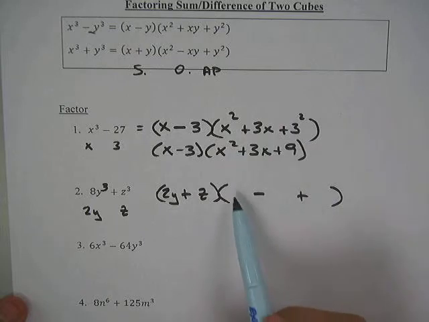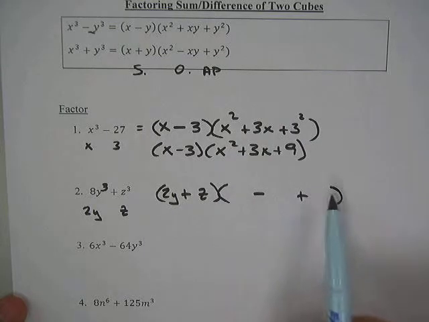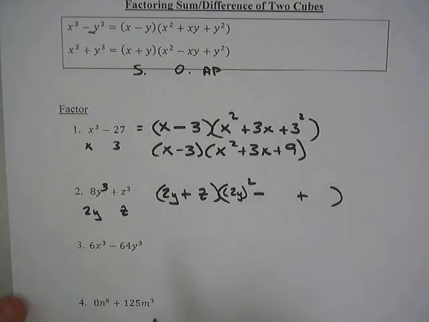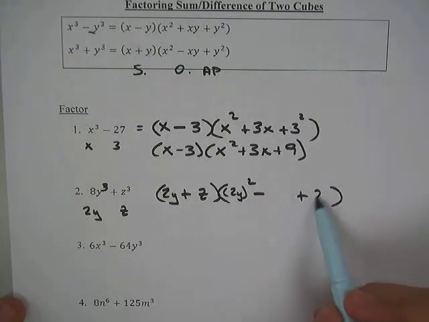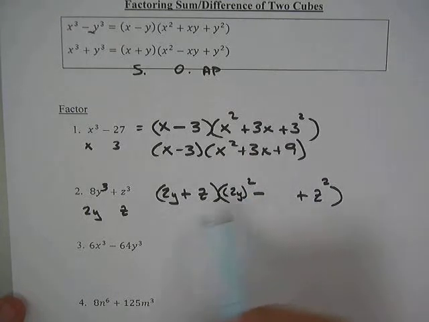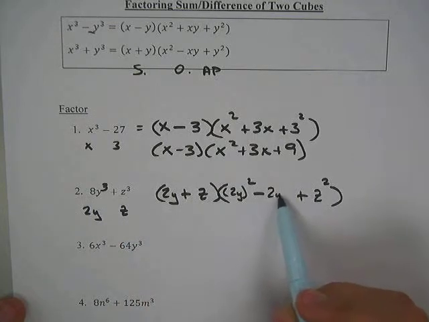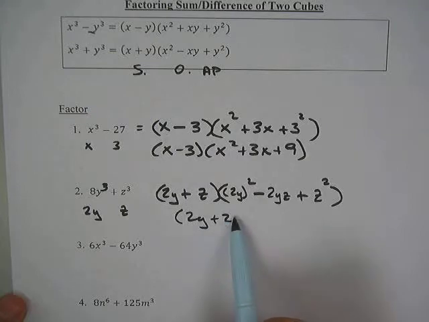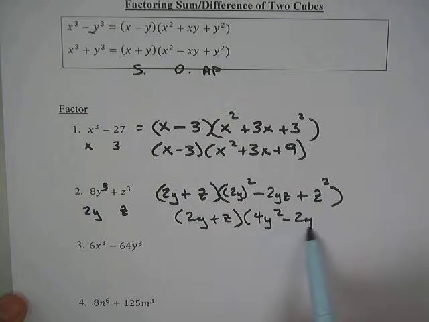First numbers are the cube roots, so we have 2y and we have z. These terms here are the squares, so it's going to be 2y squared, the whole thing squared. This one will be z squared. And the middle are these multiplied together, so it's 2yz. So to simplify, I get 2y plus z.